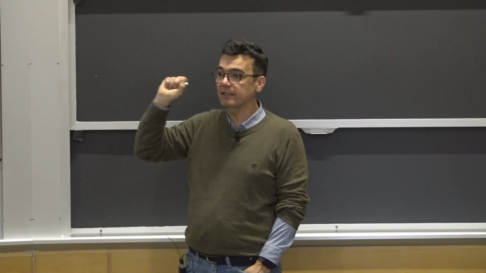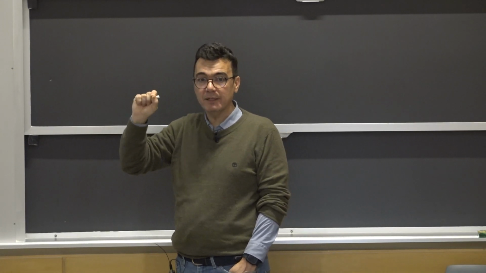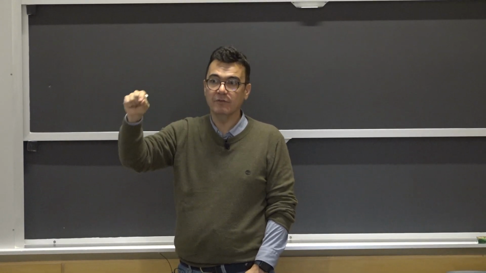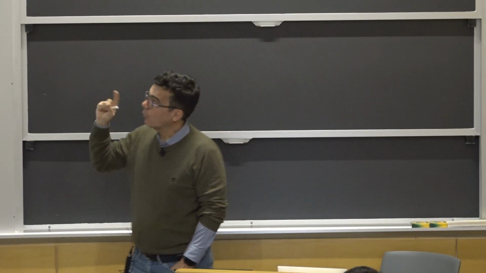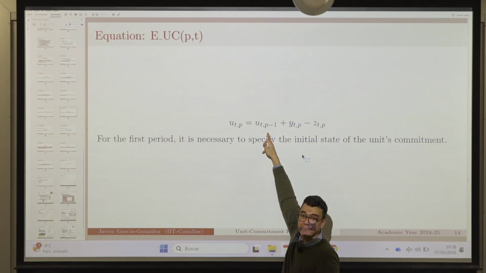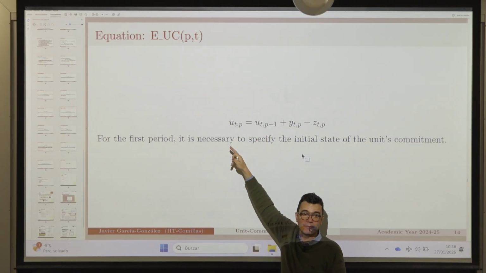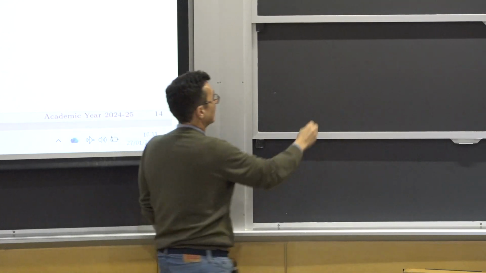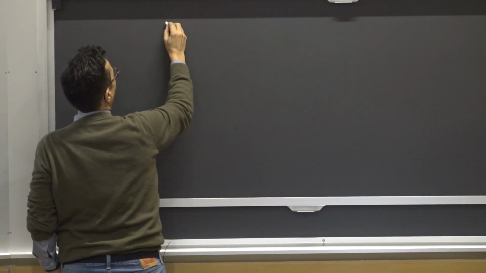So U_tp means that the generator t in the hour p, if it is 1, it's on. If it is 0, it's off. You see the point? So what if I want to change from off in the period p minus 1 to be 1 in the next period?